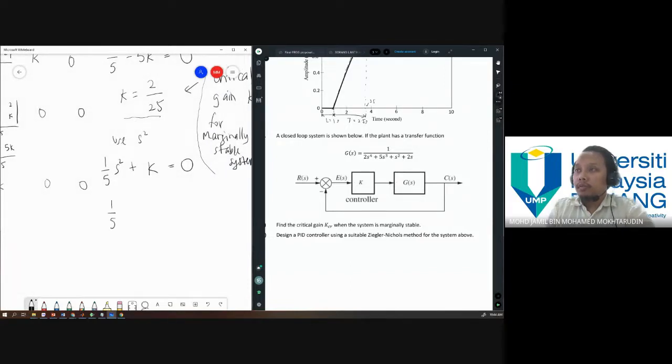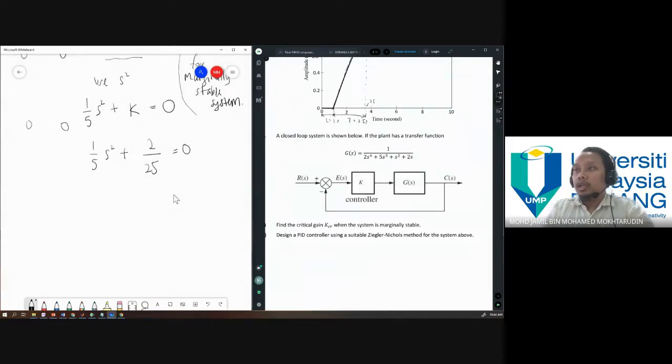So 1 over 5 s^2 plus 2 over 25. And then s^2 equals minus 2 over 5. So s equals j omega equals about plus minus 0.6325j.